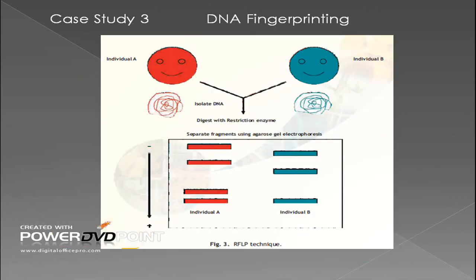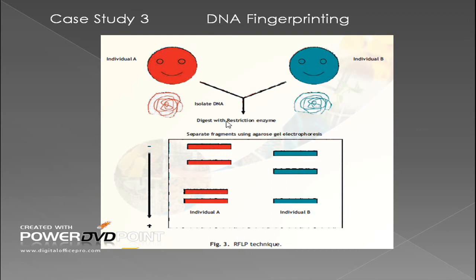Now case study 3, DNA fingerprinting, which is used in forensic science. Let's say 2 types of DNA were found at the crime spot. This DNA is from individual A and this DNA is from individual B. Both are suspects.